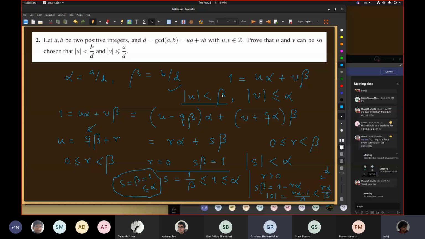And then prove that one will appear somewhere there. Yes, sir. Yeah, if you can do it, it's fine. Maybe using pigeonhole principle or something like that, you may be able to prove it. I am not very sure, but it is possible perhaps.